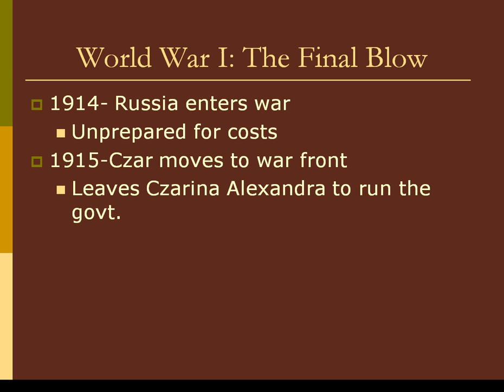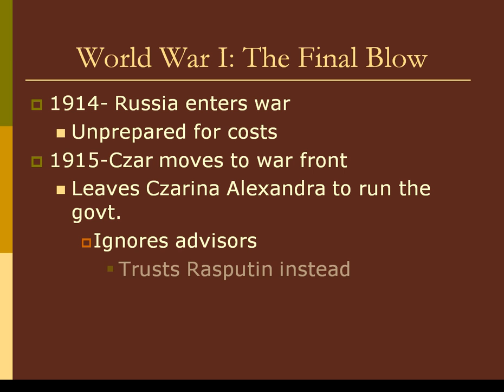Rasputin was sort of a healer that helped with Alexis's condition. So when the Tsar leaves and goes to the front lines, she ignores many of the political advisors that the Tsar had put into place and instead puts her trust into Rasputin because basically he had saved her son.